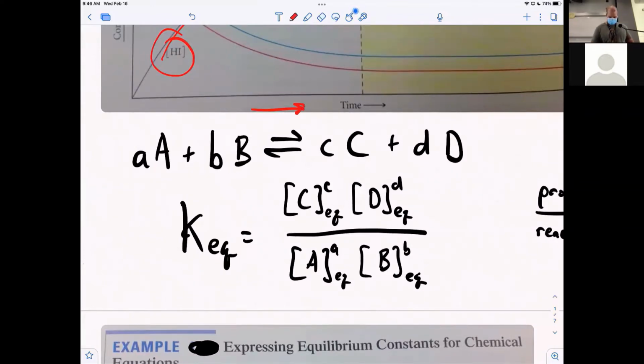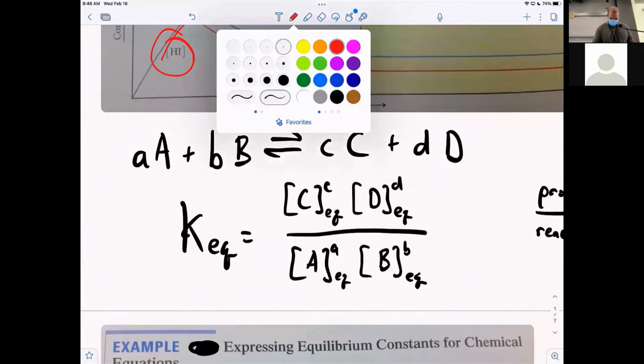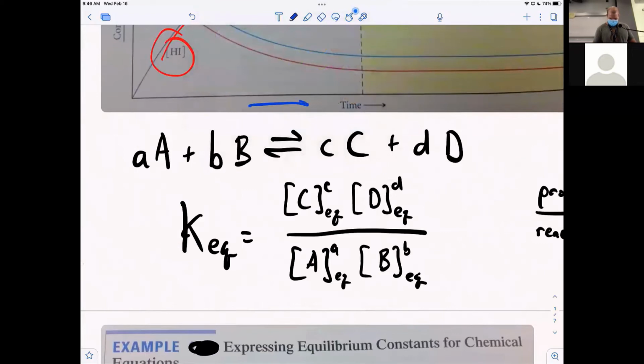I guess you can't see it in the gray. Maybe I'll just change to blue. There you go, easy to see. So that one direction arrow means the reaction goes one way. And for equilibrium, we kind of give it this swipe up that way.